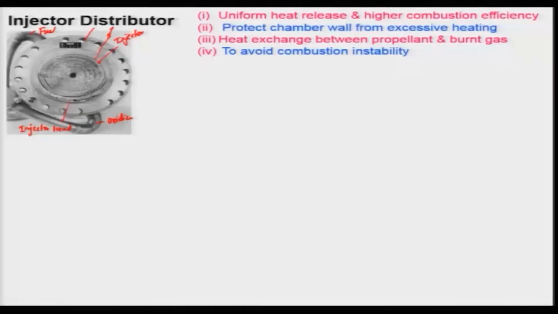And also intense combustion will take place inside the combustion chamber away from the wall. So, these two things have to be looked at, and also a homogeneous mixture must be avoided, and combustion should not take place near the injector head.